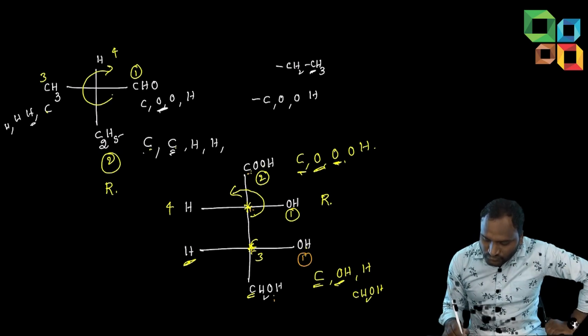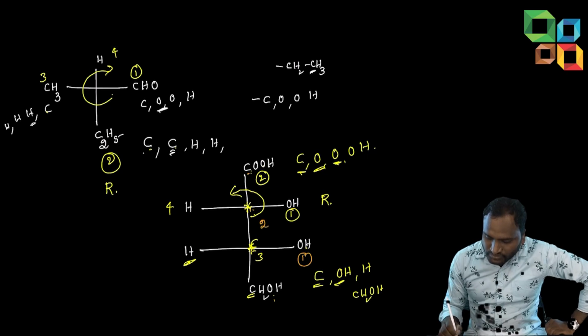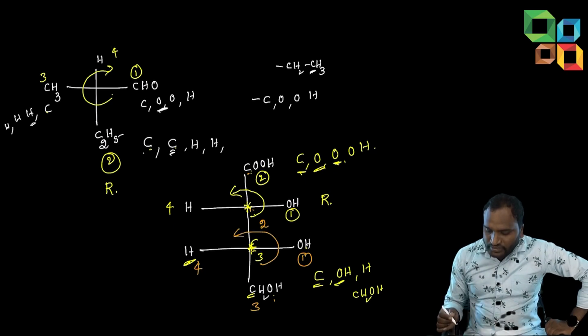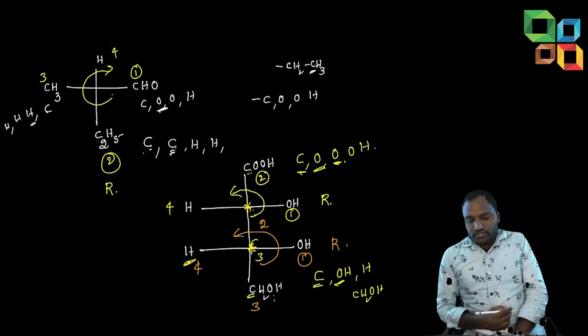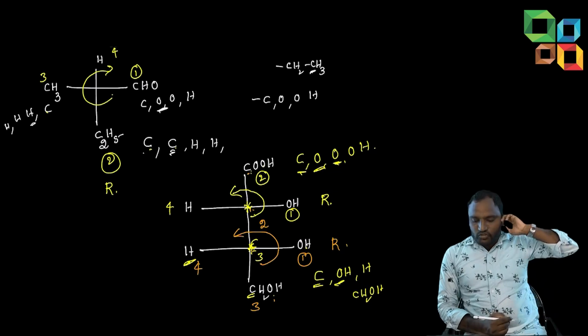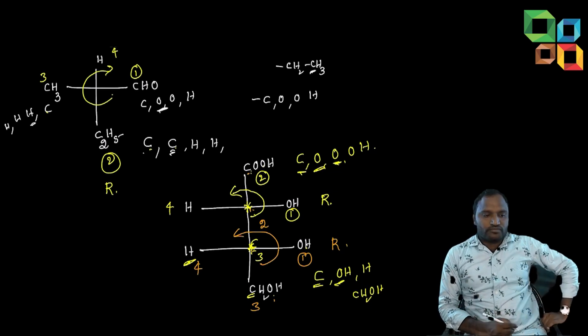So this will get second priority, third priority, fourth priority. So this one also anti-clockwise. This one also R configuration. Both are getting R configurations. Writing groups as it is, students.